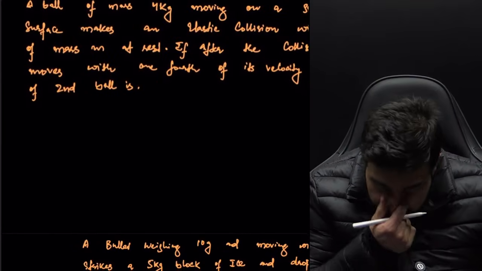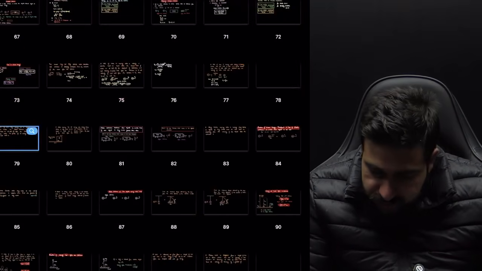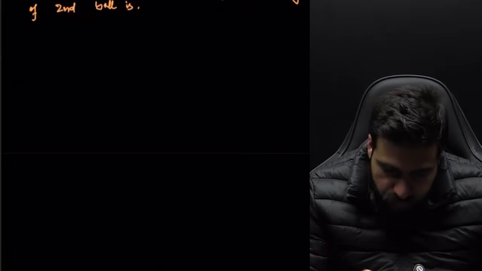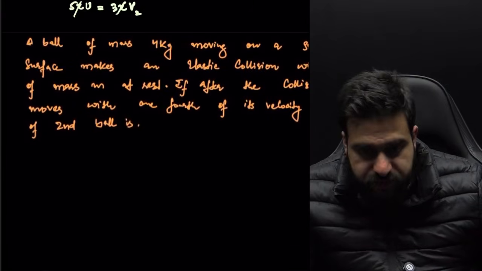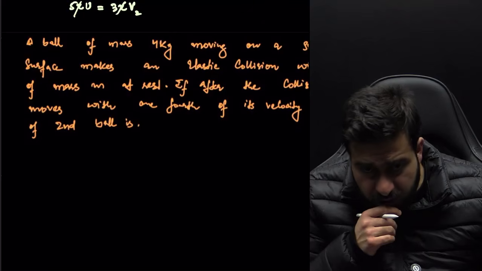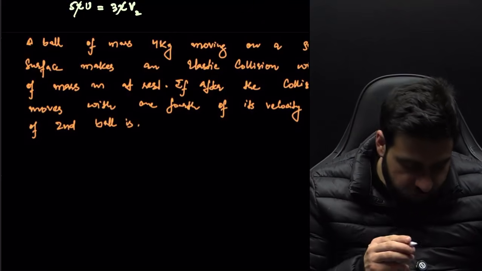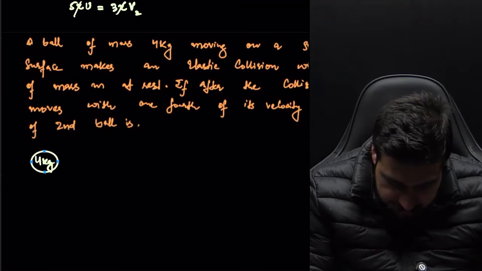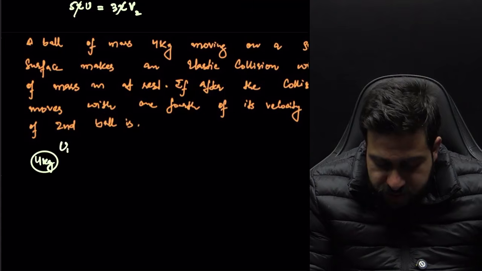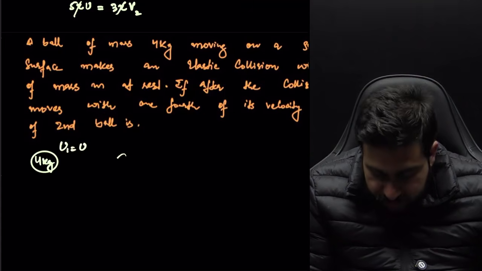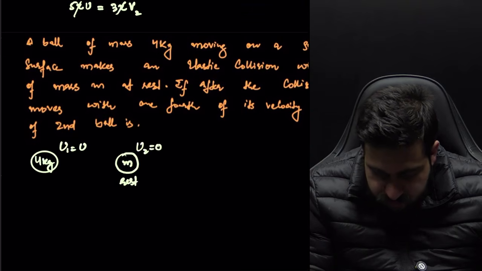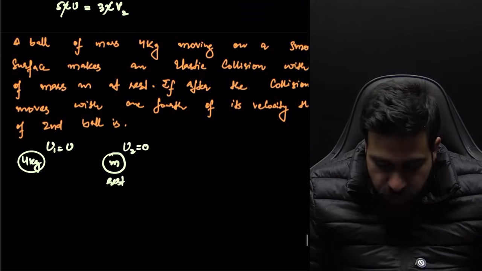See, guys, what does the question say in this particular case? It says a ball of mass 4 kg, and it is moving with a speed, let's suppose u, and there is another mass m which is at rest, and its initial velocity u2 is 0, and they make the collision.